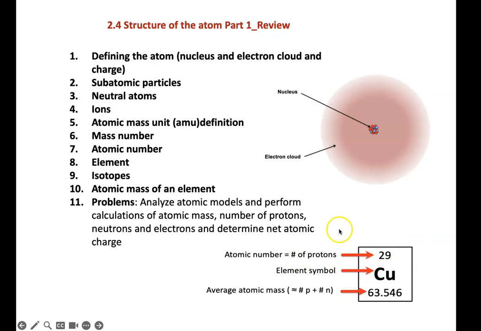And here is a look at what you read in a periodic table tile. The atomic number and the average atomic mass roughly equal the total protons and total neutrons of the most abundant isotope, and there is an element symbol. These two numbers may be swapped depending on the periodic table, and that's it. I'll see you in the next video.